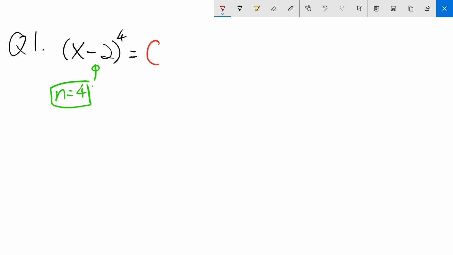So the number here will not change, always 4. So for the first term, 4C0 x to power 4, including the sign here, minus 2 to power 0. Okay?